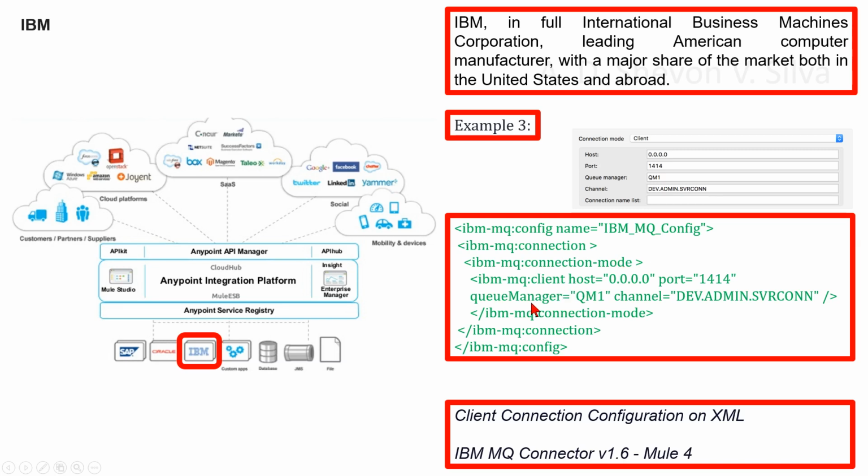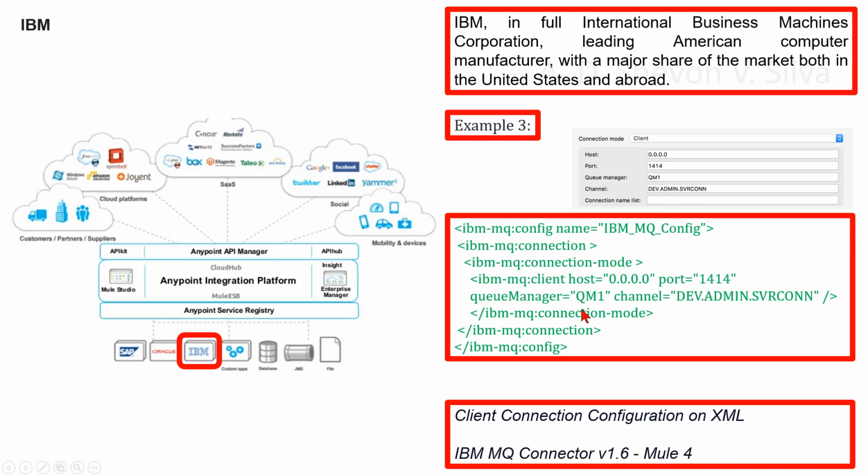For this connection mode, the following configurations are available. Host, this is a required parameter: the host containing the IBM MQ broker. The port, default value is 1414: the queue manager listener port.